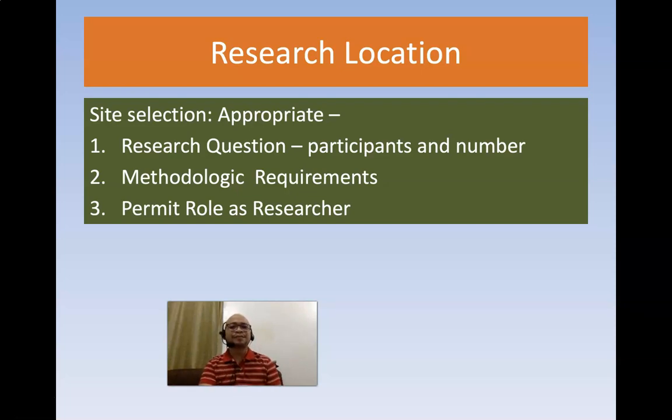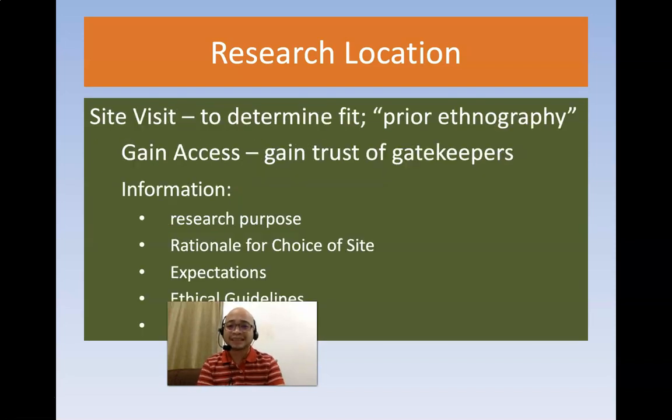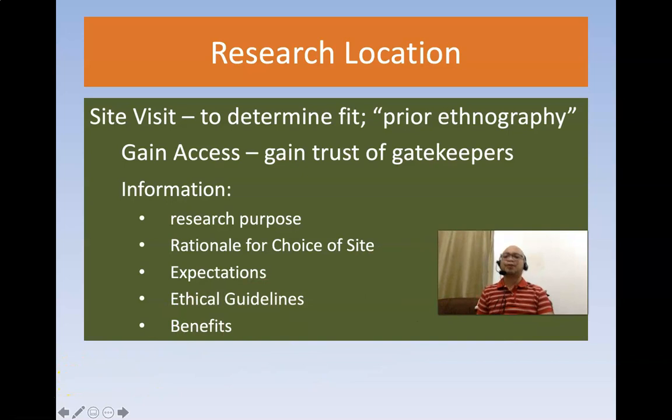This would include the participants and the number, the methodologic requirements, and your particular role as a researcher. So if you are doing, for example, a qualitative study, for example, an ethnographic study, wherein the environment would play a very important role, then it is also important that you do a site visit.